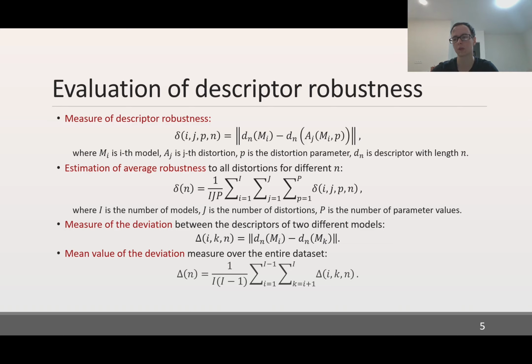To estimate the average robustness to all distortions for different n, we find the average measure of robustness over all types of attacks with different parameters for several values of n. Also, to get the robustness threshold, we use a measure of the deviation between the descriptors of two different models and find its average value for the whole dataset.